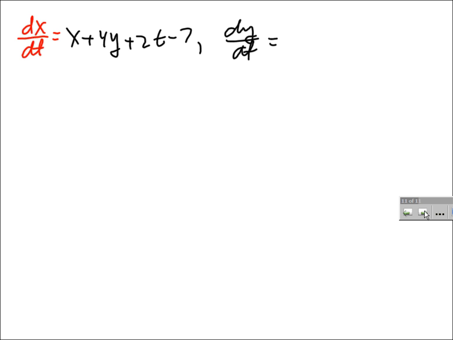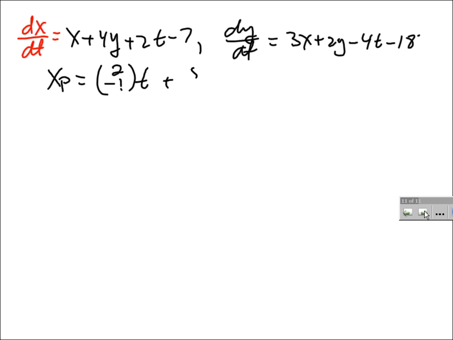Okay, so now we're going to verify that x particular is a solution. Suppose you're given that dx/dt is x plus 4y plus 2t minus 7, dy/dt is 3x plus 2y minus 4t minus 18, and x sub p is (2, negative 1) times t plus (5, 1).